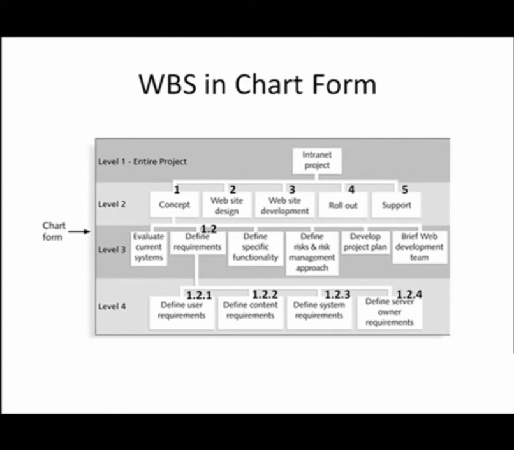So you can see as you drill down, you're finally going to get to the lowest level, level 4, and these are the actual work tasks within the work breakdown structure. But they're categorized at different levels, from the 10,000-foot view, if you will, under concept, web design, website development, rollout, and support, to the level 3, where the subcategories of work are defined in each one of those 5 at level 2, and then finally into level 4, it's drilled down into the discrete work tasks.